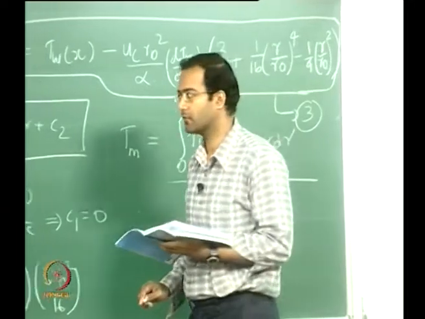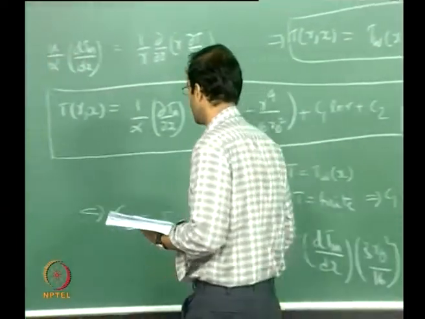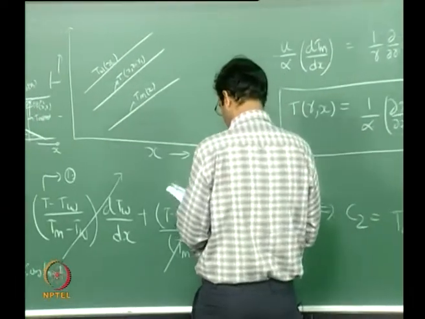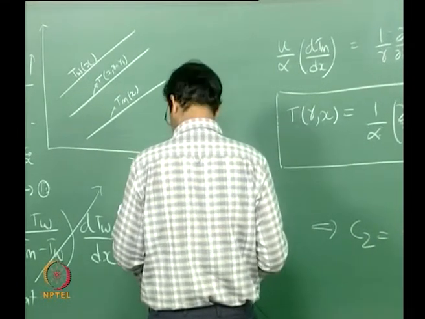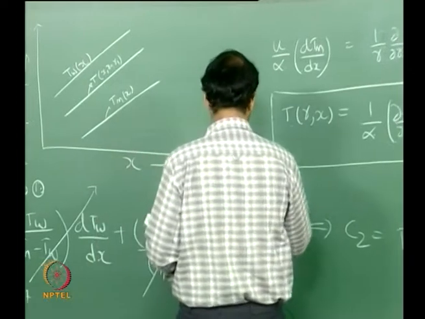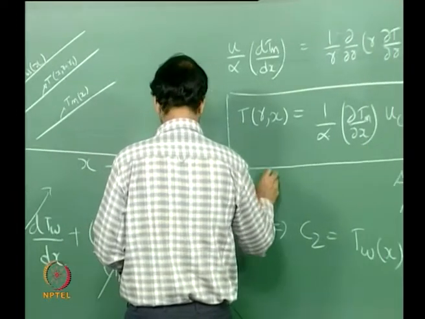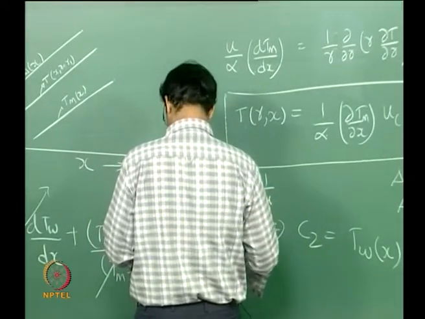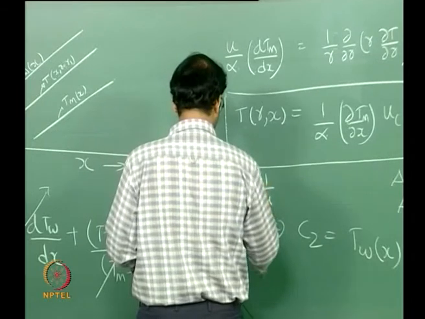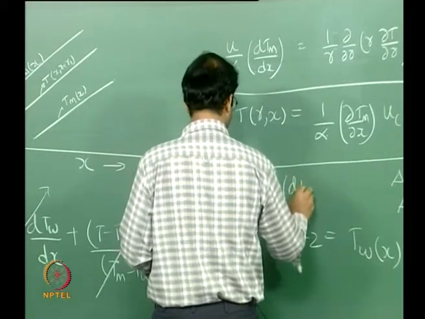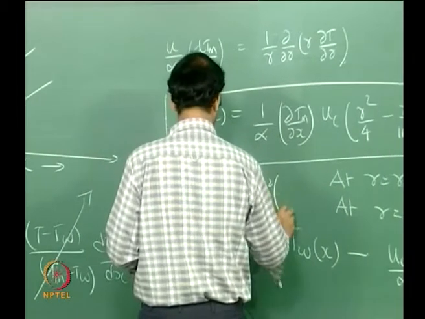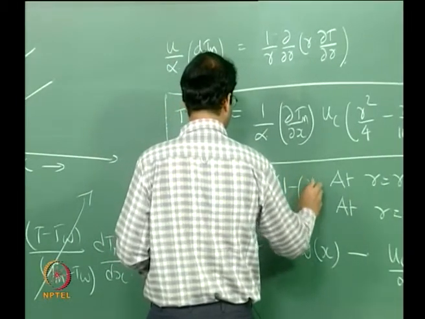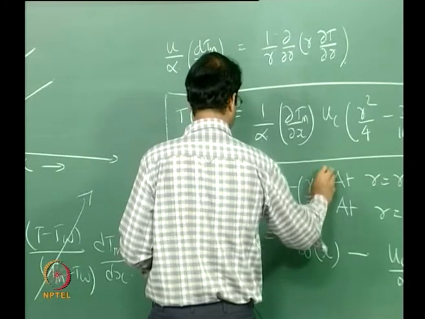Okay, so therefore you have the velocity profile. I will just write down the velocity profile for you again. So your U of R is 1 by nu, minus 1 by 4 nu into dP by dx, R naught square into 1 minus R by R naught a whole square.